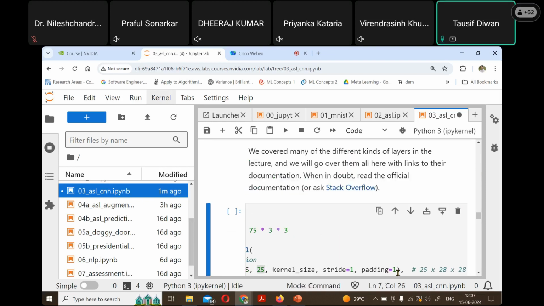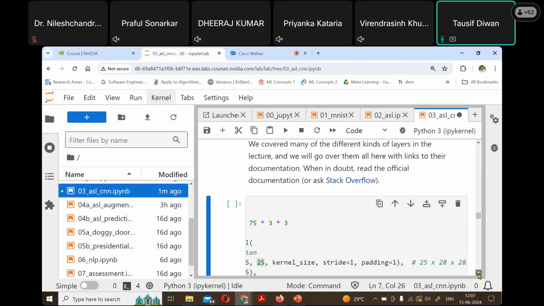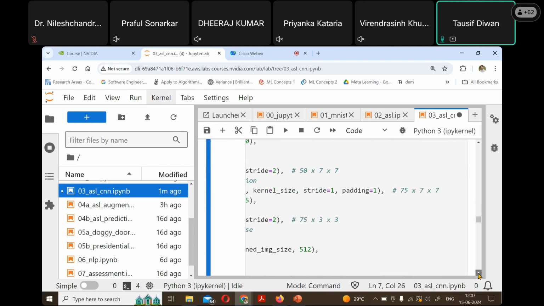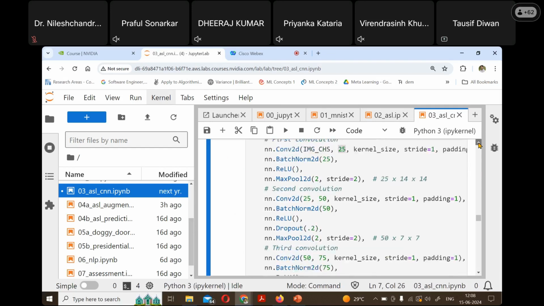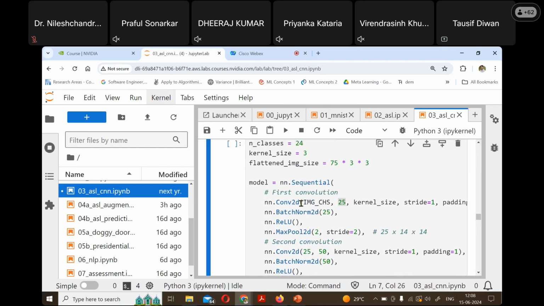So see, padding is equal to 1 over here. So convolutional 2D, after that batch norm 2D, then ReLU, okay, then max pool 2D, 2 cross 2 max pool.